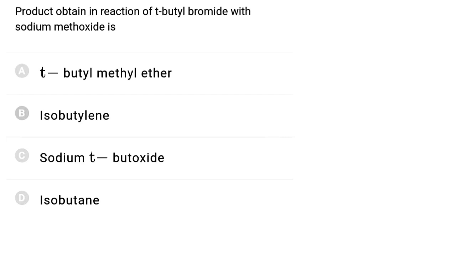In this question we have to find the product obtained in the reaction of tertiary butyl bromide.